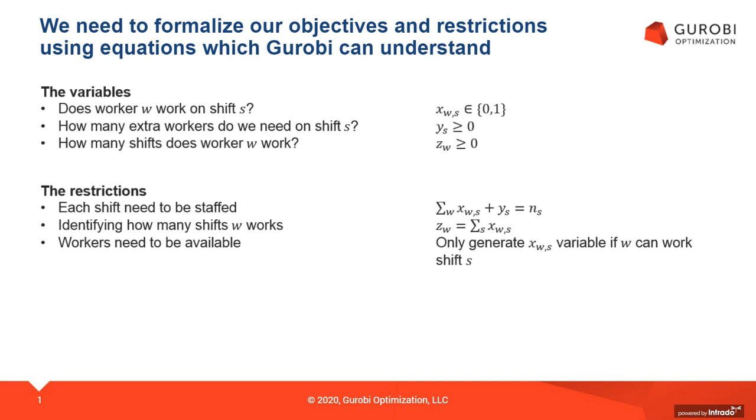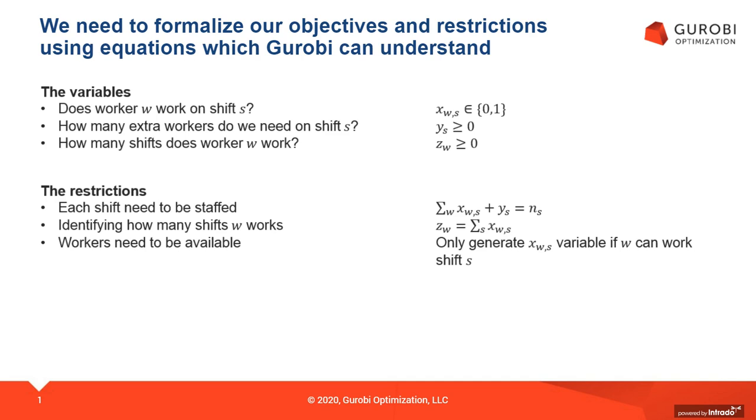The way we handle this is that we only generate the variables X_W,S if a particular person W can work a given shift. So that way, already in the model formulation, we make sure that this restriction is not violated.